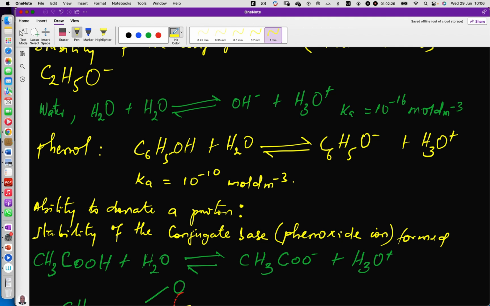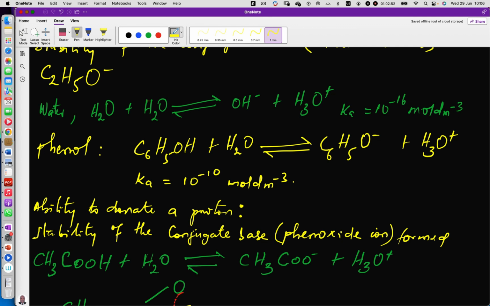When that happens, the force of attraction between the oxygen and the hydrogen of the OH decreases. When that force decreases, it gives the OH the ability to lose the hydrogen easily, and that makes phenol slightly more acidic than the other ones.